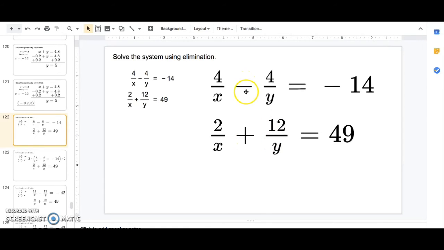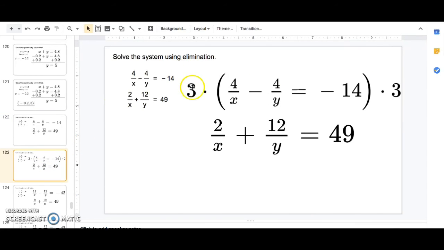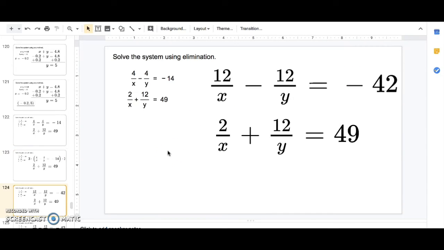All I'd have to do is multiply it by 3 to make this 12 to match the 12 at the bottom. Remember, when we multiply by a whole number on a fraction, you multiply it to its numerator. So let's do that. We're going to multiply everything in the top equation by 3. So 3 times 4 over x, 3 times -4 over y, and -14 times 3. So that will give us 12 over x minus 12 over y equals -42.